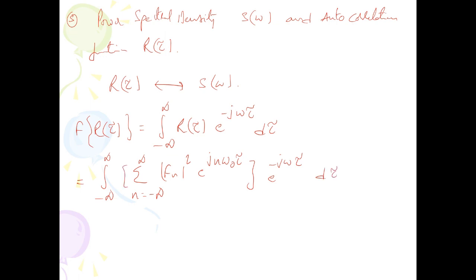Now changing the order of summation and integration, the Fourier transform of R of tau is equal to summation mod f_n square, n is equal to minus infinity to plus infinity, and integral minus infinity to plus infinity e power minus j (omega minus n omega naught) tau d tau.